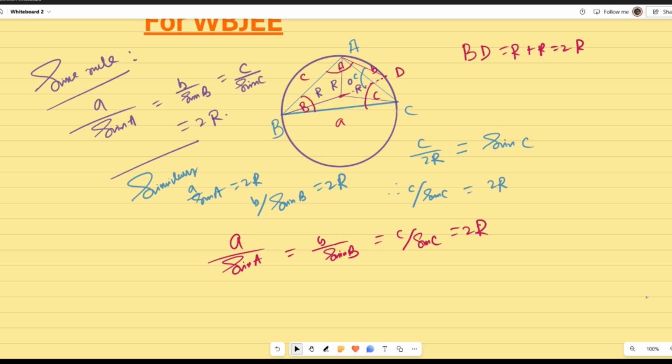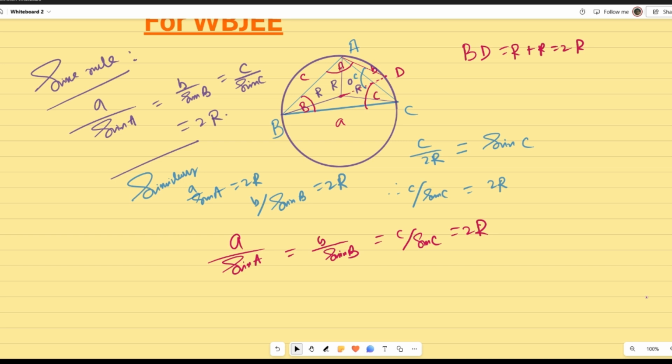This is called the sine rule. Whatever triangle is there, it may be a very special one, may not be, but this relation is always true. This sine rule: a by sin A, b by sin B, c by sin C.